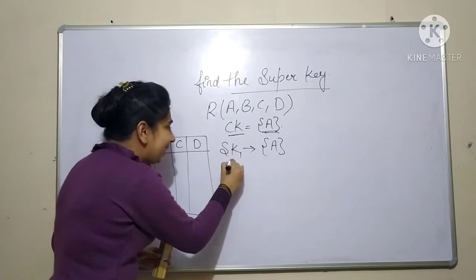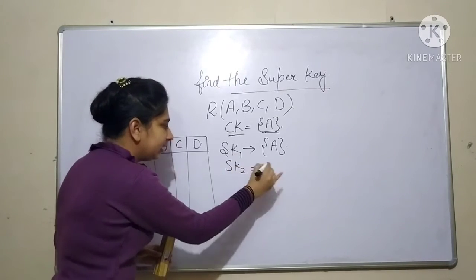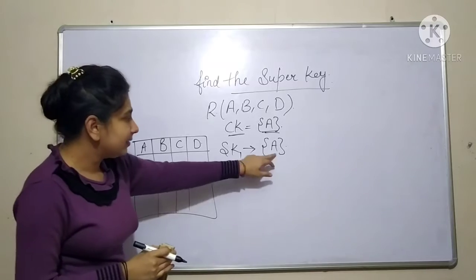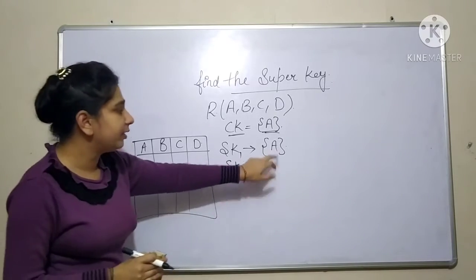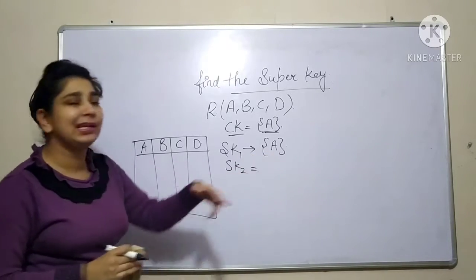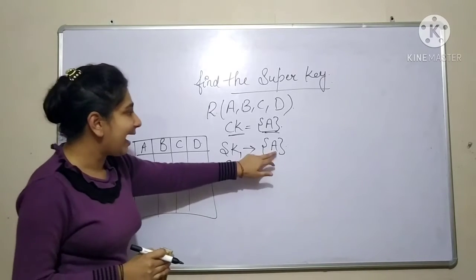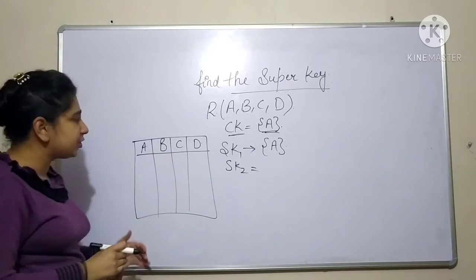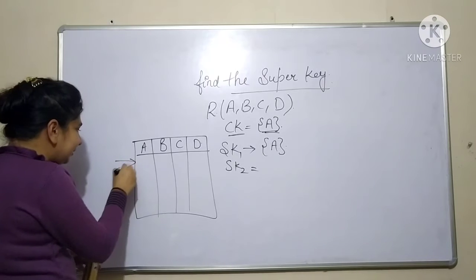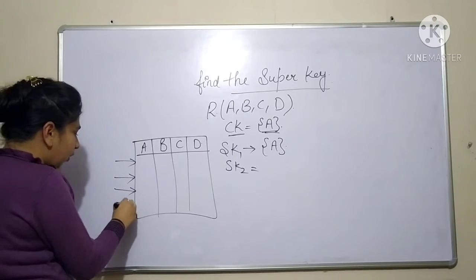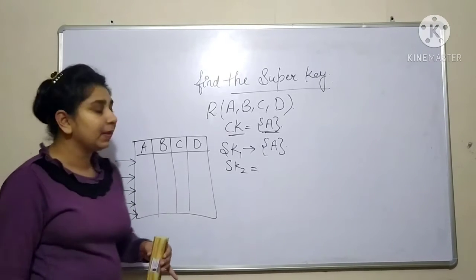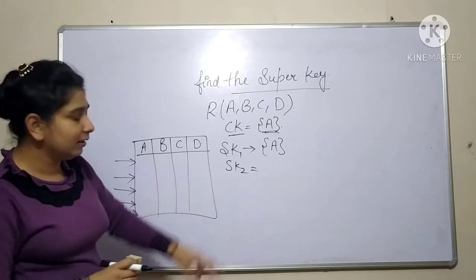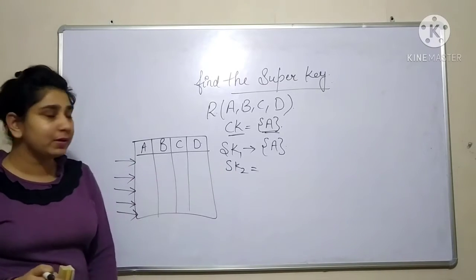The second super key adds some extra attributes to the minimal key. This candidate key is just sufficient to uniquely identify each and every record of your table.